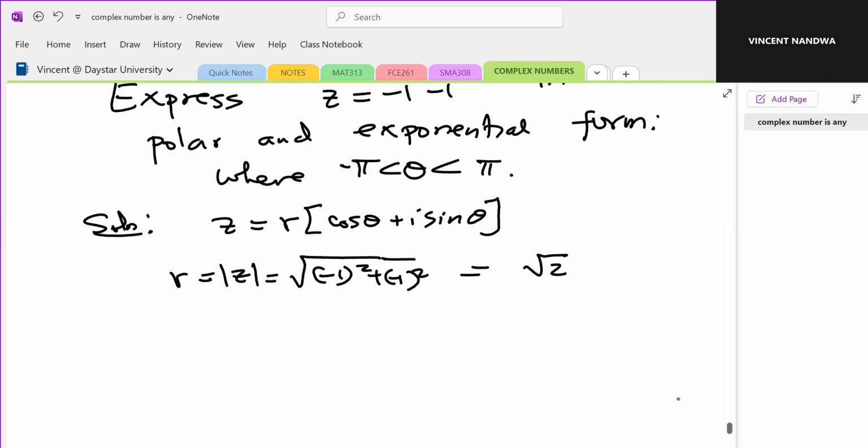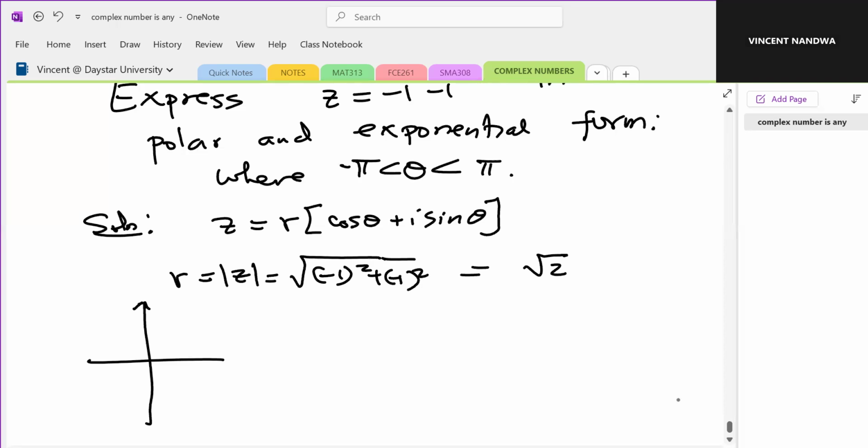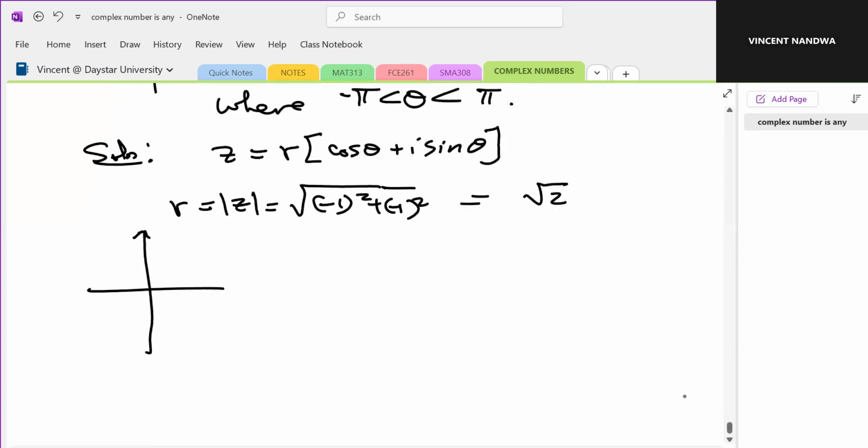The argument, which will give us the value of theta, can only be correctly obtained once you sketch the complex number to know in which quadrant it lies. Having both the real part negative and imaginary part negative, that number is in the third quadrant. So this 1 unit and this 1 unit, call this angle alpha.